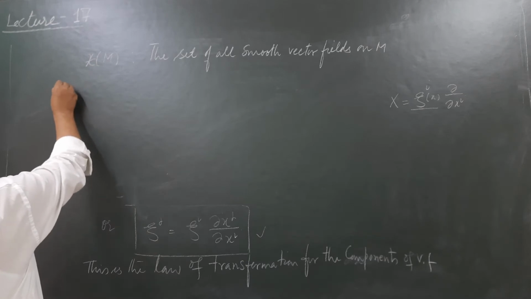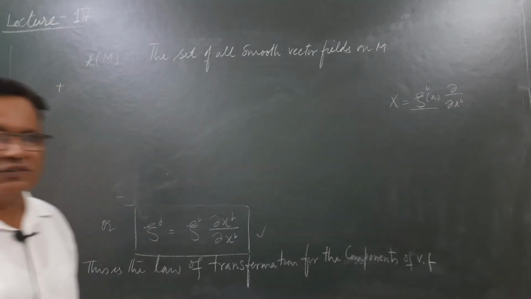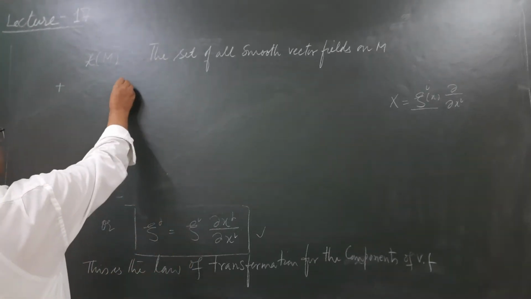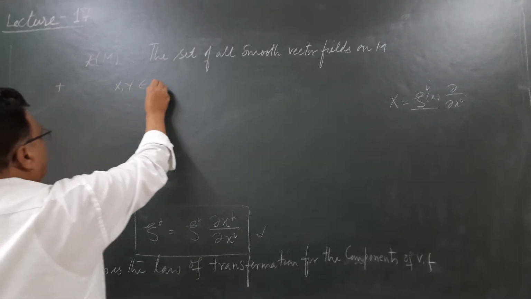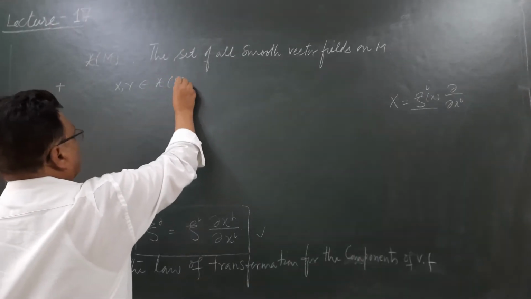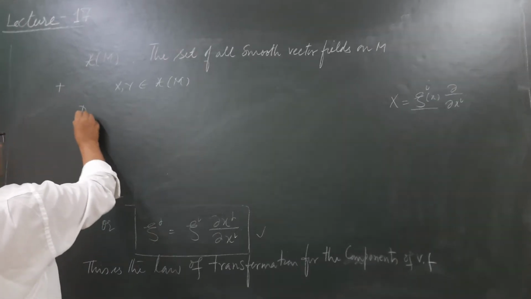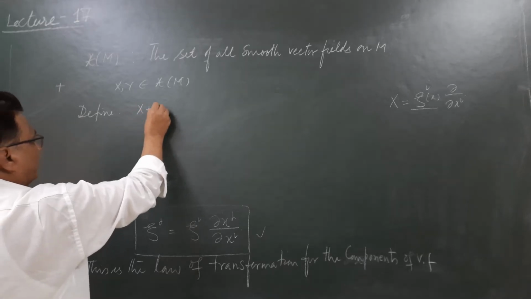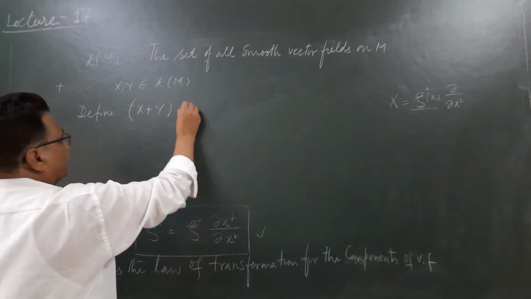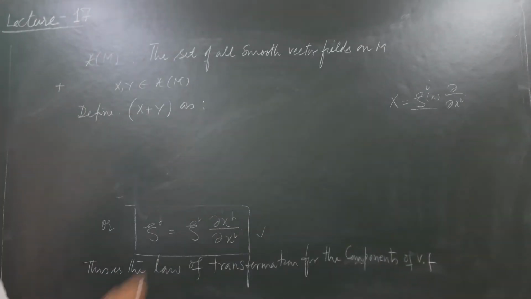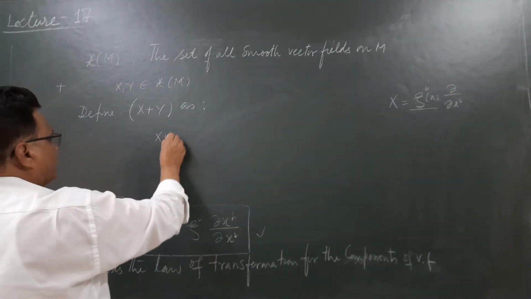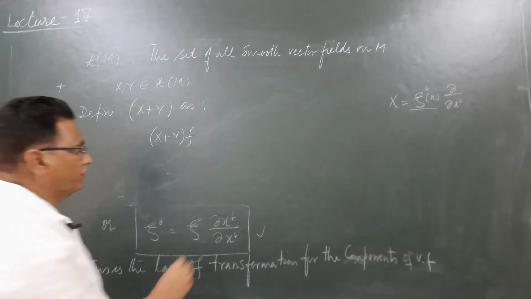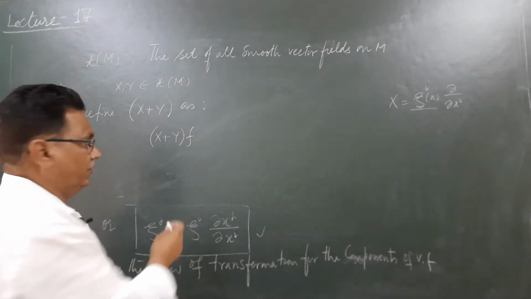So first of all, let me talk about the operation of addition. Can we add vector fields? The answer is yes. For any pair of vector fields in χ(M), we define the sum X plus Y of two vector fields as follows. I will define it as a new vector field and therefore it must operate on functions and produce functions according to the second definition.